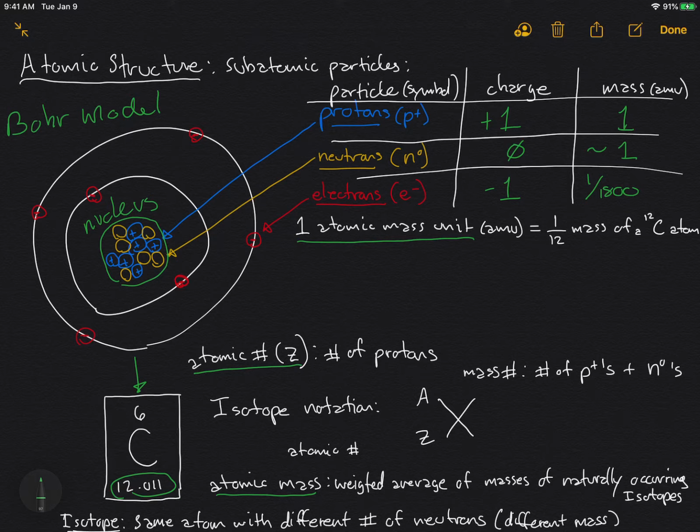But the most common are carbon-12, which we would write like this. In isotope notation, we write the mass number on the top left, and that has the symbol A. So that's the mass number. The mass number is the number of protons plus the number of neutrons.